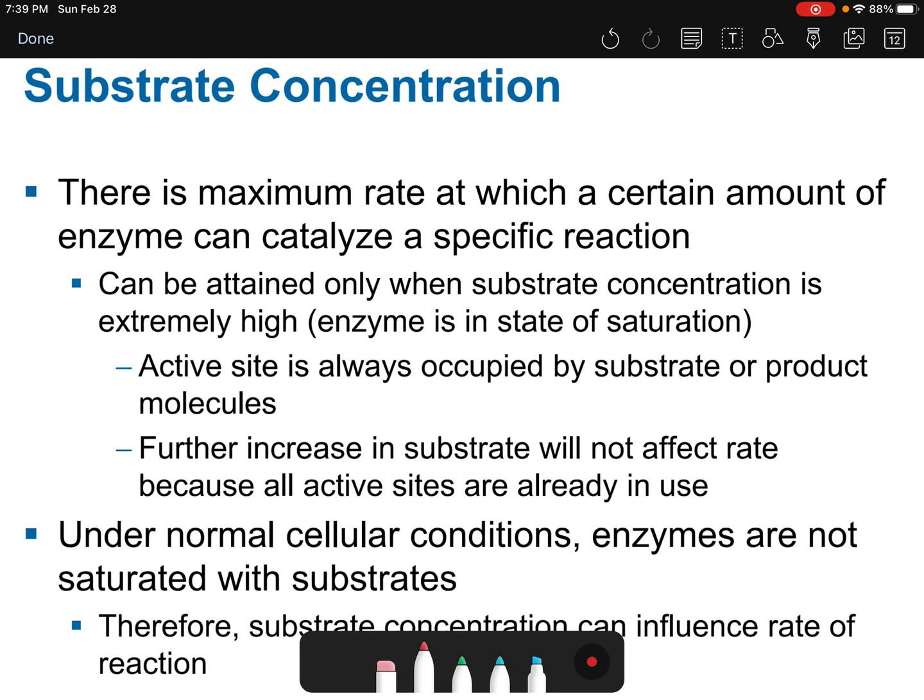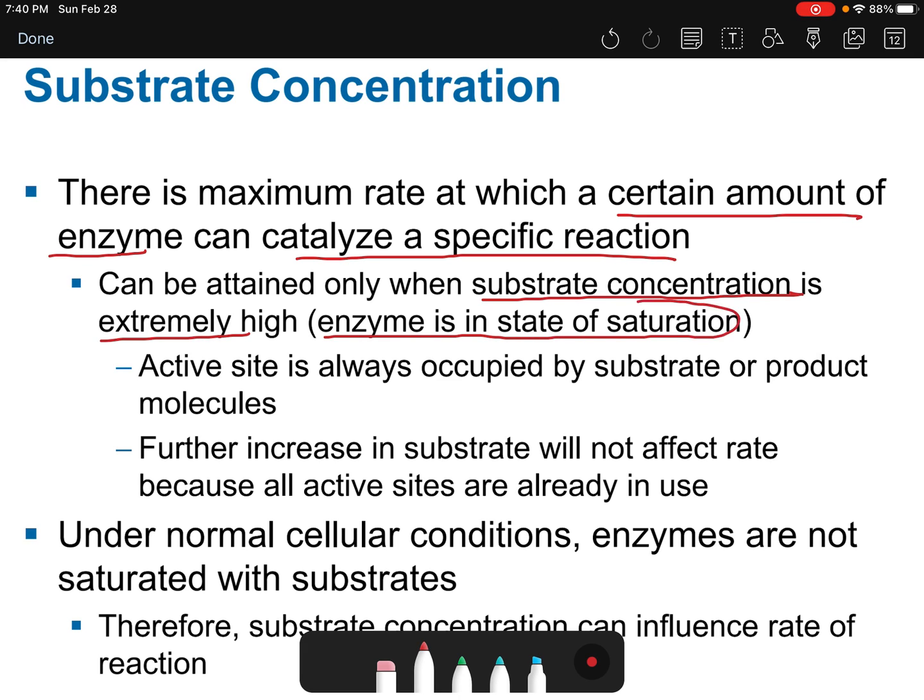Substrate concentration just deals with the amount of enzyme. There's a maximum rate at which the amount of enzyme can catalyze a specific reaction. Okay? When the substrate concentration is extremely high, we say that the enzyme is in a state of saturation.